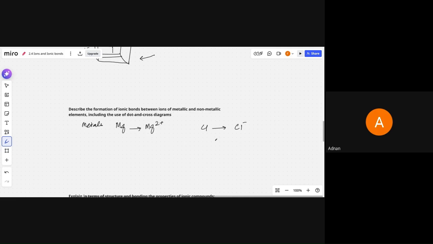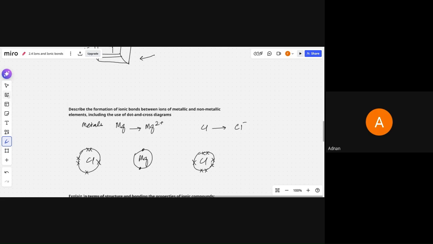In order to make a bond, or to write the formula of this compound, we will need 1 magnesium and 2 chlorine atoms, right? I'm only drawing their outer shells. There are 2 electrons which magnesium is going to lose, and for chlorine, I'm drawing these 7 electrons: 1 2 3 4 5 6 7, and 1 2 3 4 5 6 and 7.